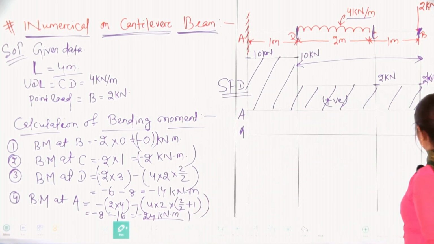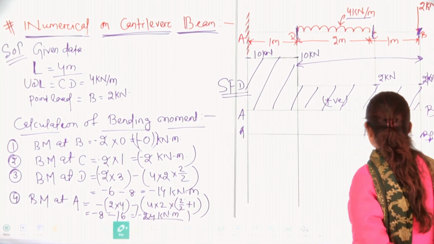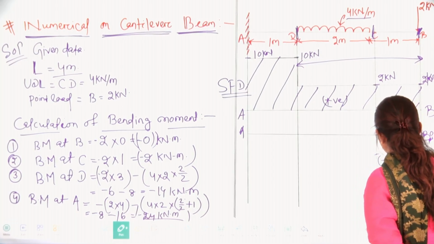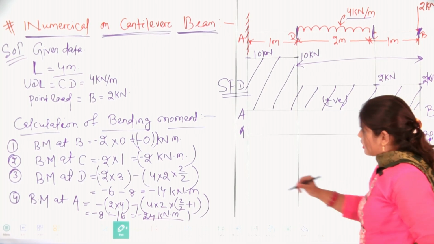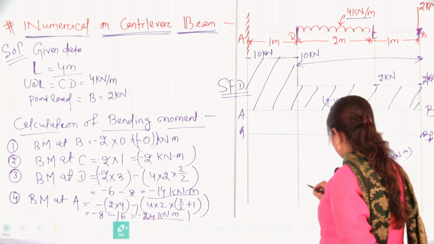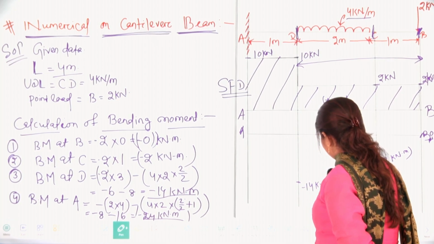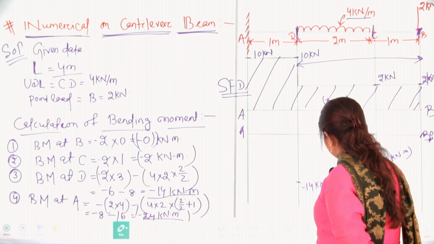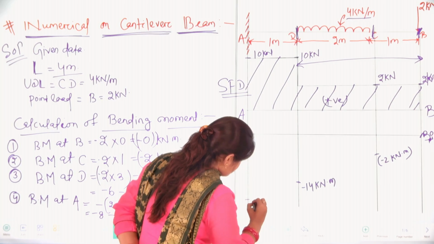Here you will have 0 kilonewton meter. Next is minus 2 kilonewton meter. Again here minus 14 kilonewton meter, and last is minus 24 kilonewton meter.